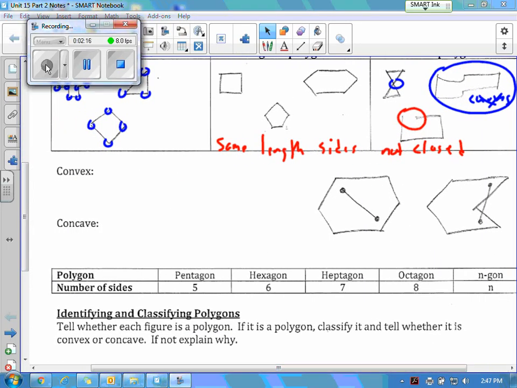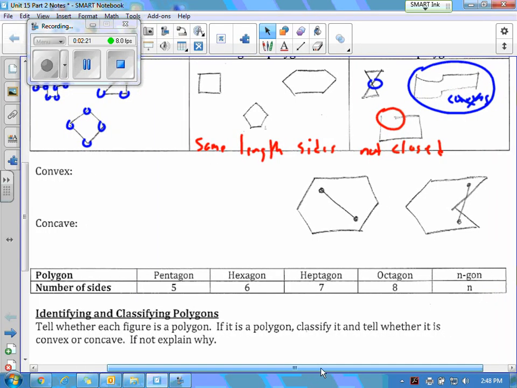The next thing we need to know is the definition of convex and concave. I'm not actually going to write down the definitions because they're complicated. I'll let you come up with your own. But let's look at the examples. This first one is convex. The reason is that if we take any two points and draw a line, it's not going to go out of the figure.